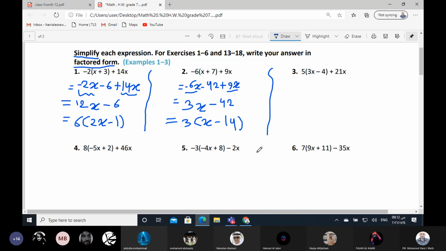Okay, listen to me. The first step, distribute. 5 times 3 will be 15 times x will be 15x. Then 5 times minus 4 will be minus 20 plus 21x.